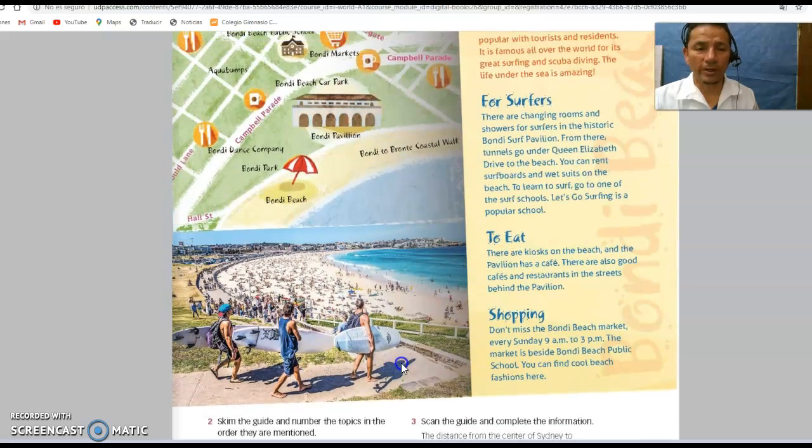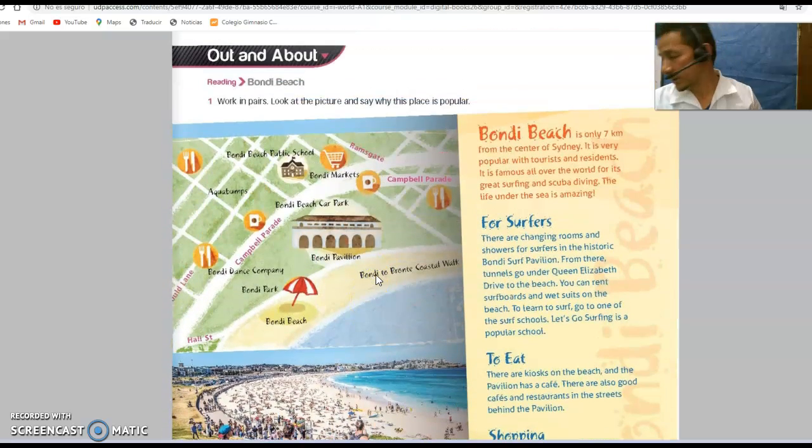So don't forget it's mandatory to write. Yes, it's necessary to write the date. We're going to study our reading class with sixth grade.